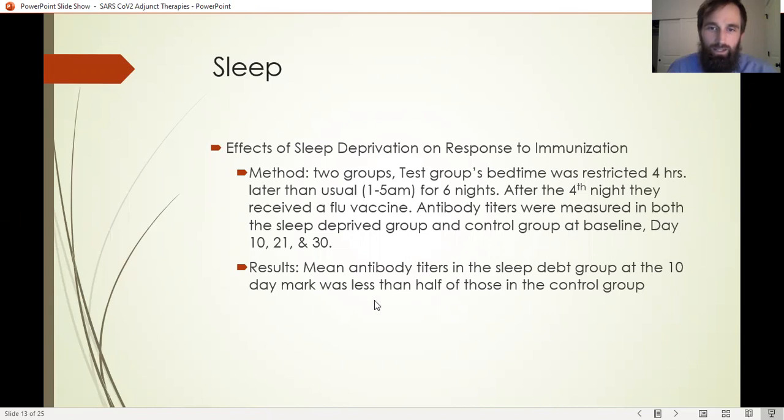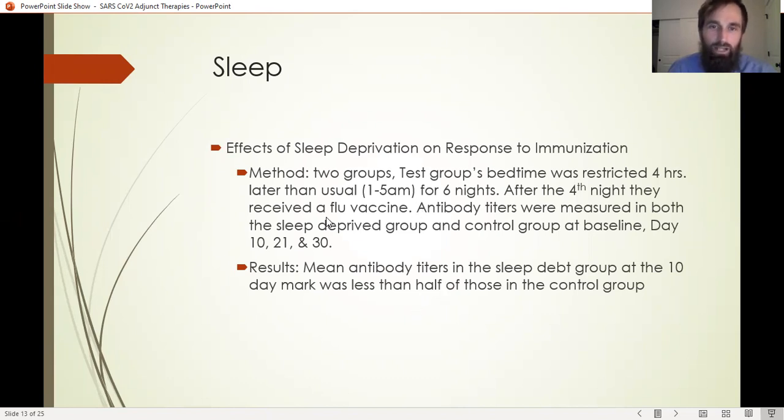There was less than half the amount of antibodies present in the group that was not getting enough sleep. So that highlights the importance of sleep.